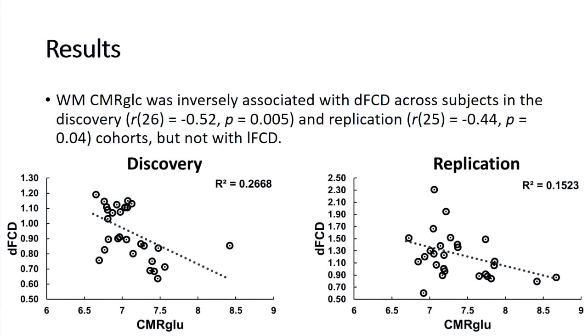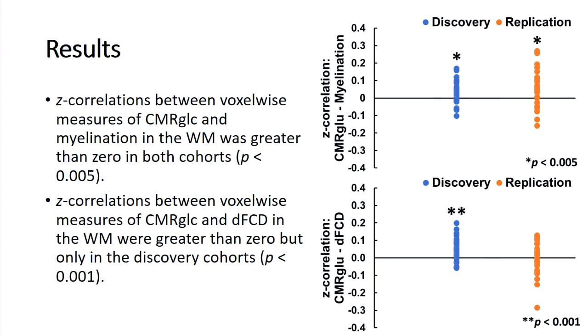For the association between glucose metabolism and remote connections, we also observe a negative correlation in both cohorts, again using average metabolism within white matter and average remote connectivity within the white matter. The direction is a little bit controversial to interpret, but maybe if those fluctuations in the white matter that are linked to remote areas of the brain are a good thing, then maybe that is leading to more efficiency and then less metabolism. But again, I think we need more evidence to really support that.